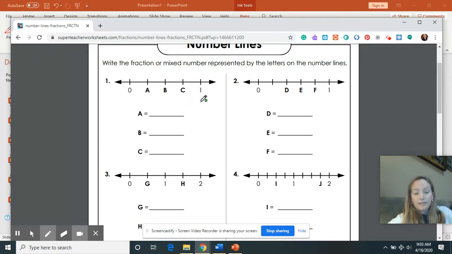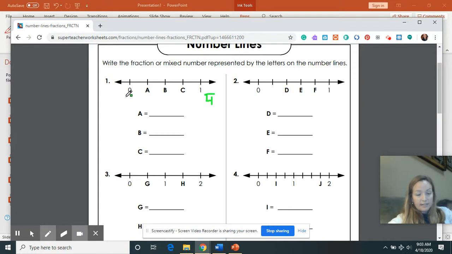Well, I'm going to use my detective skills, and I'm going to see that this is showing one whole because I see a big 1 at the end. So I'm also now going to count how many partitions this number line has been broken into. So I'm going to say 1, 2, 3, 4. So I know that will be my denominator.